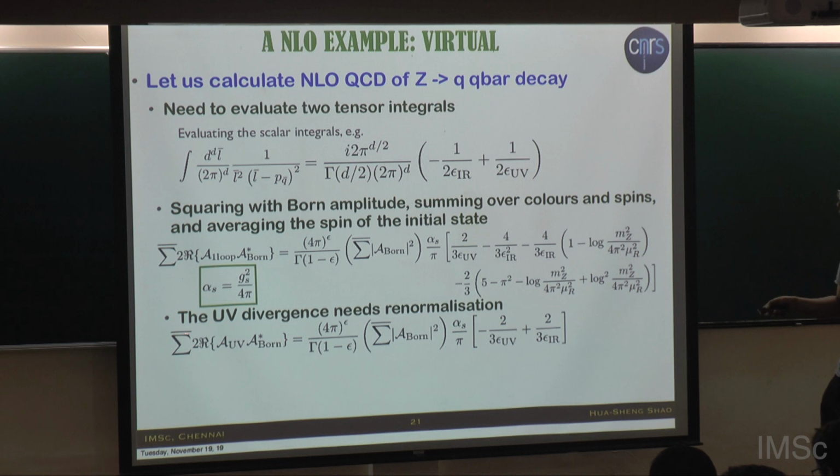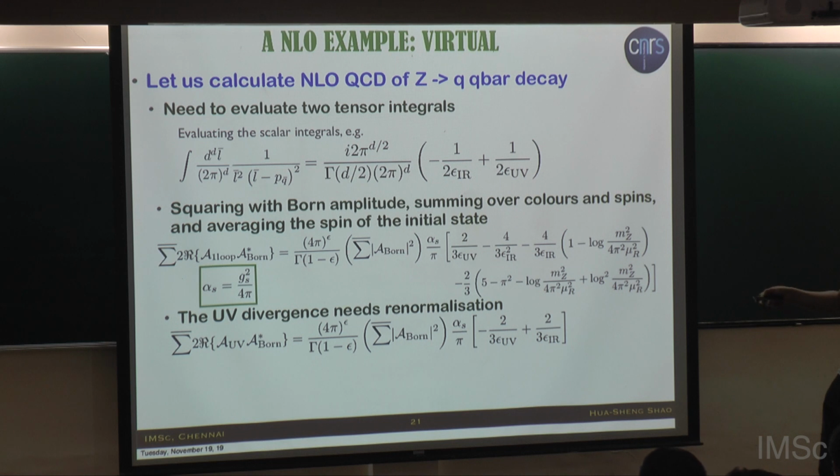So what I do is one loop times the Born complex conjugate, and of course you need the complex conjugate term again, so that gives 2 times the real part. If you calculate all the integrals and perform the similar Dirac algebra, you will see that this is what I get.